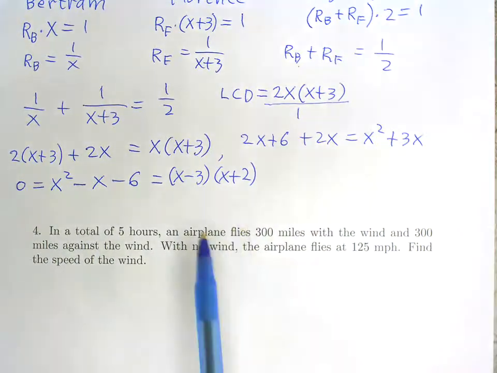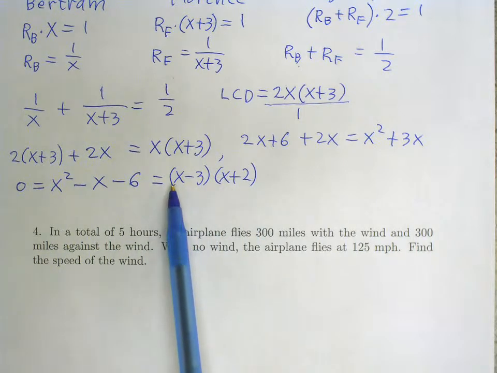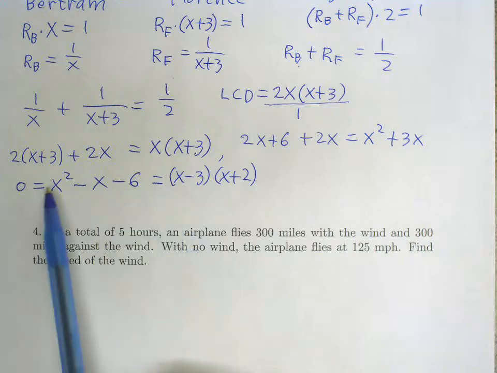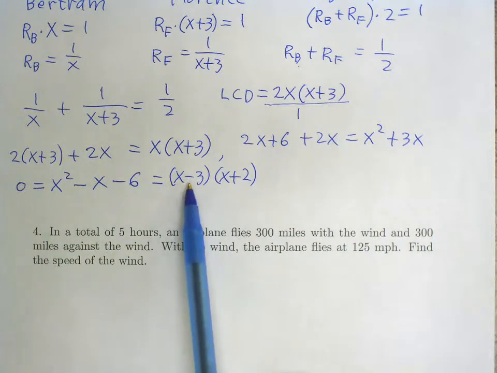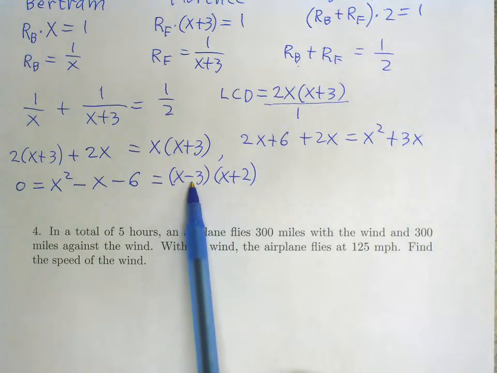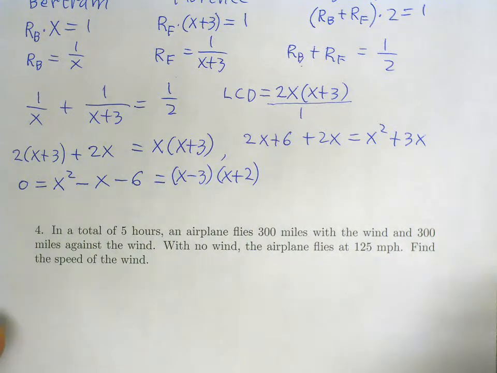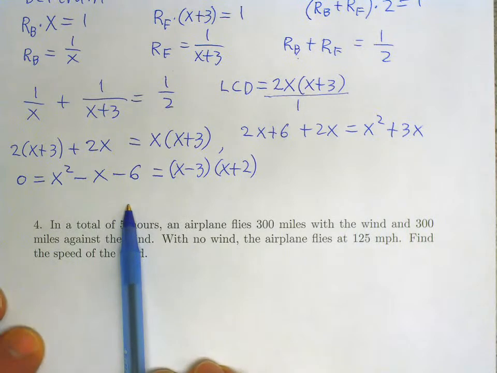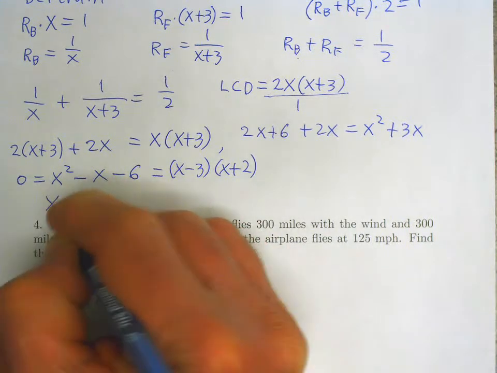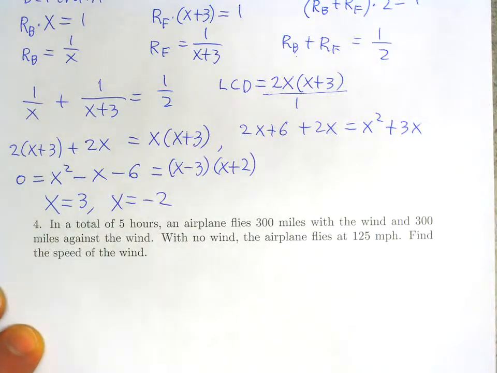And then you can always verify that you factored correctly. It's especially easy when the coefficient of X squared is 1. So you can just look, negative 3 times positive 2 is negative 6, and negative 3 plus 2 is negative 1. So everything checks out. This quadratic equation has two solutions. One is 3, the other one is negative 2.